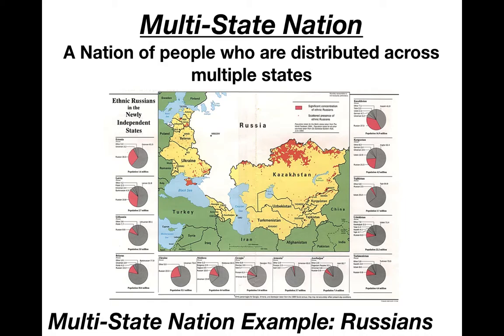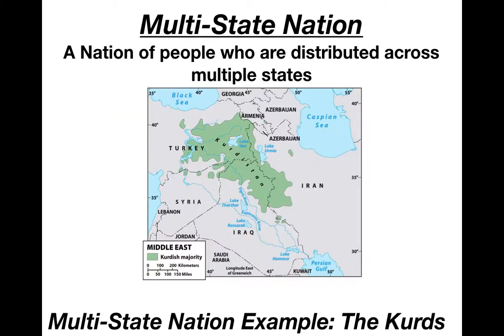There are Russian people in Russia, but there are also large groups of ethnic Russians in Kazakhstan, Ukraine, and some of the Baltic states. Additionally, the Kurds or Kurdish people are a nation of people who are distributed across multiple states, in this case, Turkey, Syria, Iraq, Iran, and even small populations in Armenia.